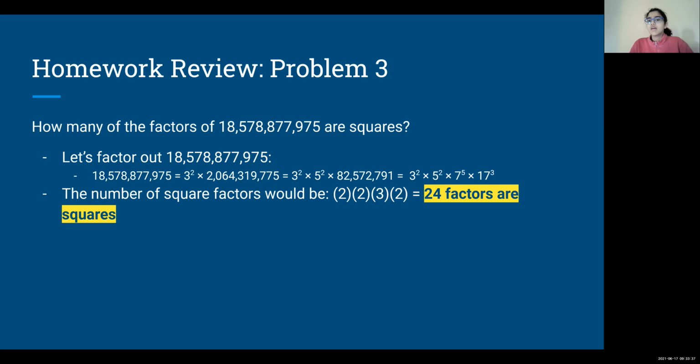So for 3 to the power of 2 and 5 to the power of 2, we would have that number to the power of 0 and that number to the power of 2. That also applies with 17 to the power of 3. And then for 7 to the power of 5, 7 to the power of 0, 7 to the power of 2, and 7 to the power of 4 fit in that. That's why there are 3. So we multiply 2 by 2 by 3 by 2, and then we get 24 factors that are squares.